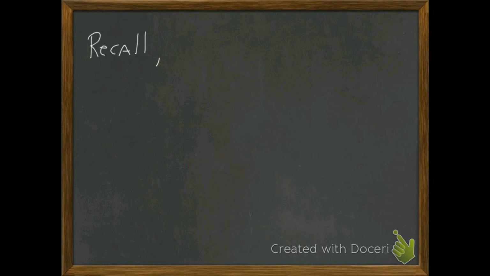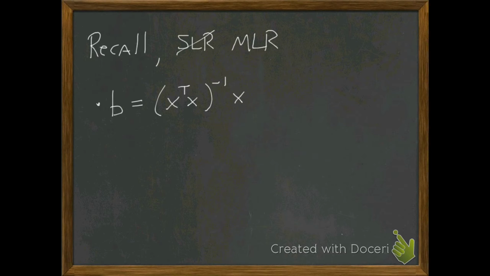In simple linear regression, there were some things that we ran into, and it's going to also work for multiple linear regression. So first and foremost, what I would want you to remember is that we can calculate our coefficients by looking at the product of these matrices.